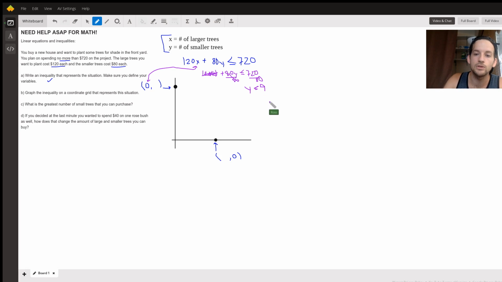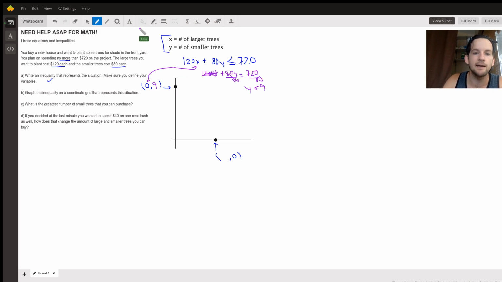Y is equal to 9. That's my mistake. In this case, we're actually going to ignore the inequality for a second, because when we're finding the intercepts, we're trying to find just that 1 point. So that's where we want the equation to equal something, not where it needs to be less than or equal to. So when we're dealing with these intercepts, you don't need the inequality. So y is going to equal 9, and that means the y-intercept value here will be 9.